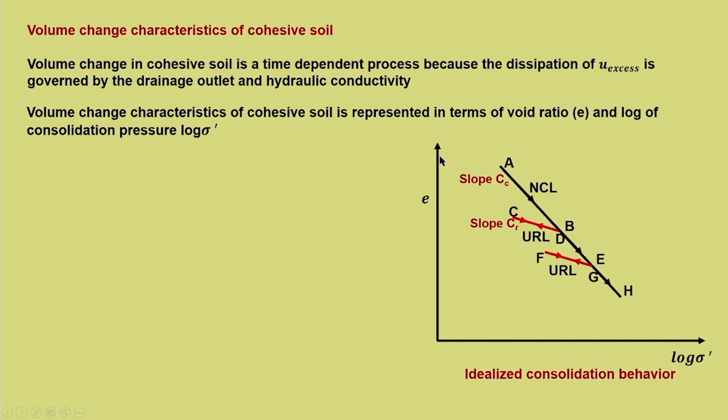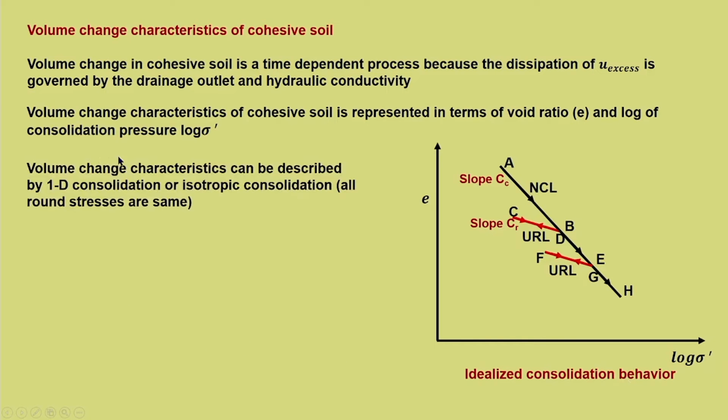The relationship between void ratio e and log sigma dash, which is the consolidation pressure, is an idealized consolidation behavior. So, volume change characteristics can be described by 1D consolidation. This is a one dimensional consolidation result, or it can be due to isotropic consolidation, which we can carry out in a triaxial test, where the consolidation happens under all round stress condition.